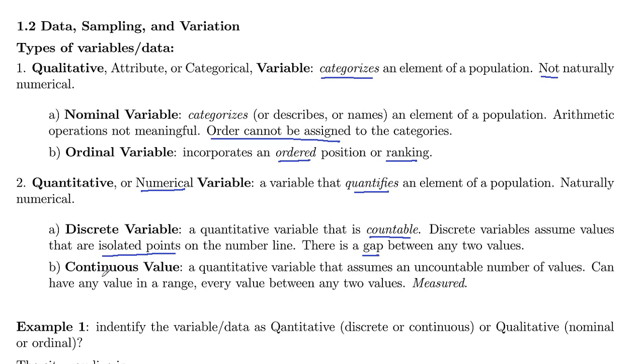And then continuous values, these are usually data values that are measured, things like time and weight and height. They're quantitative variables that can't be counted. They're called uncountable. So you can't have a first value and then the next bigger value, and then the next bigger. They're usually looking at every value in a range or every value between any two values.